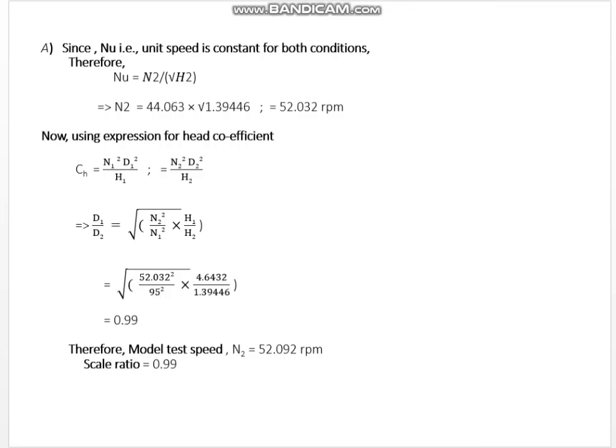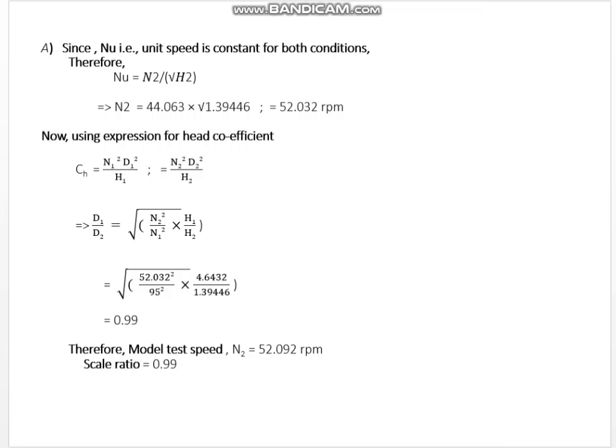Now since unit speed is constant for both the conditions, therefore Nu, that is unit speed, is equal to N2 by root H2, which gives N2 is equal to 44.063 into root over 1.39446, which is equal to 52.032 rpm.